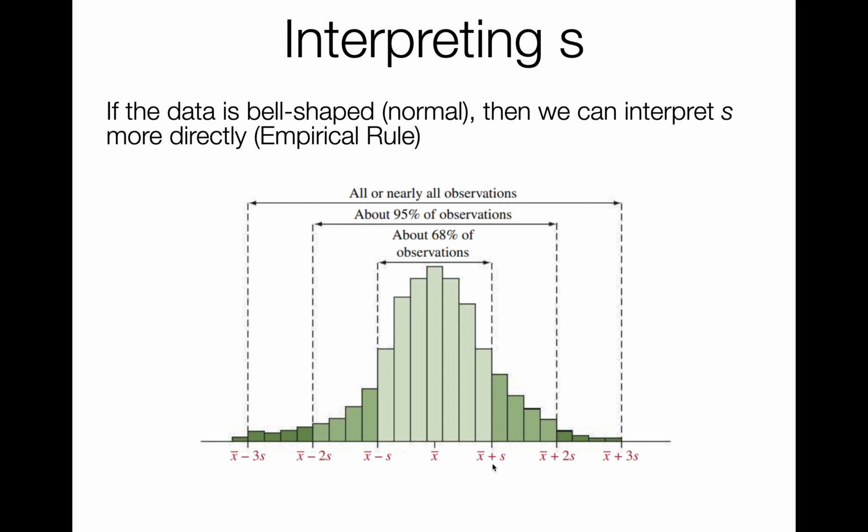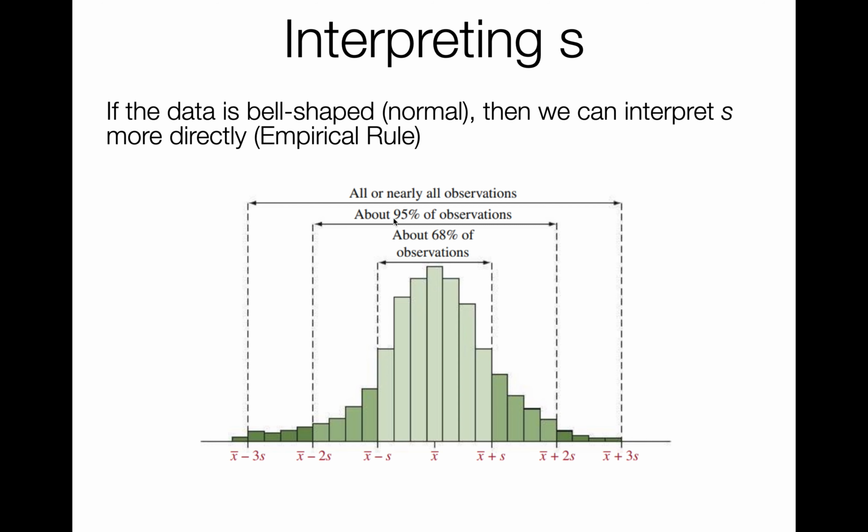When I spread that out to plus and minus 2 standard deviations, about 95% of the observations will lie between those two points. And when I take it out to plus or minus 3 standard deviations, then nearly all or all of them are going to be contained.